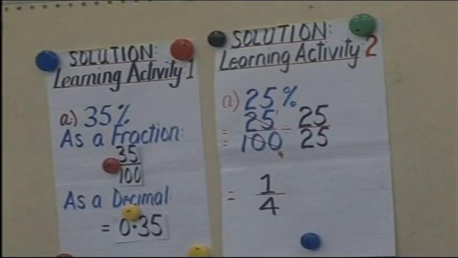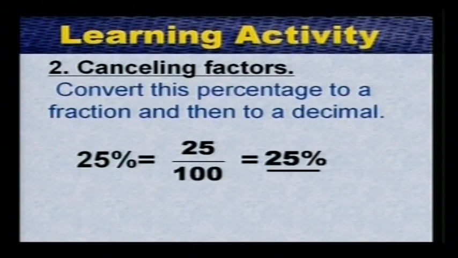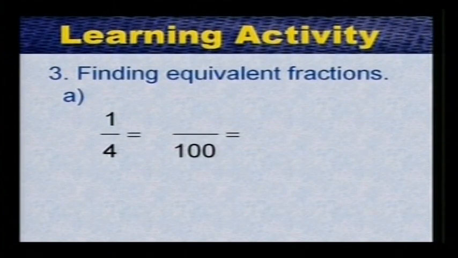We have 25 over 100 and 25%, like what our friend has said, given as a fraction, but we have to cancel it down to its simplest form. Finding equivalent fractions, we have also said with our friend, what would be a number that is equivalent to 1/4?